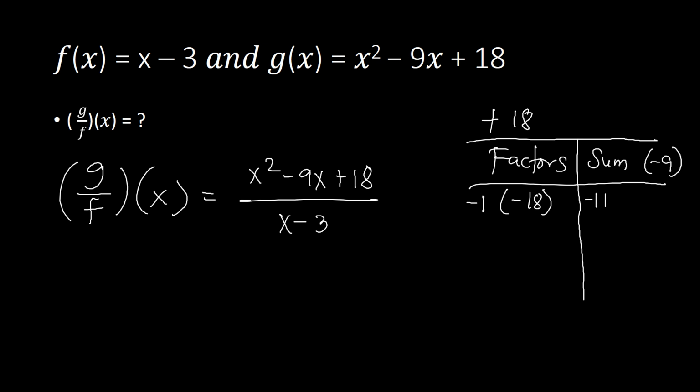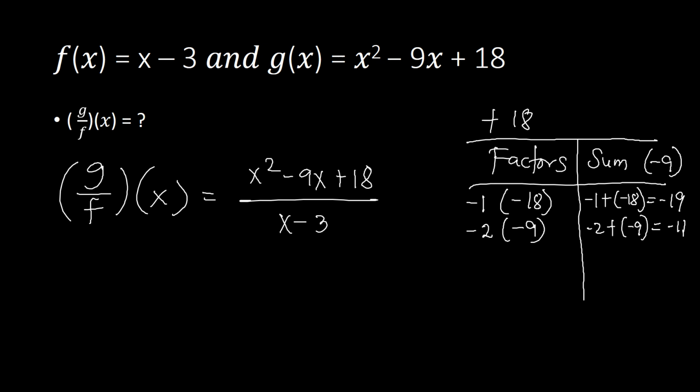Negative 1 plus negative 18, that's equal to negative 19. That's not the middle term we're looking for. So next, let's go for negative 2. Negative 2 times negative 9, that's positive 18. Negative 2 plus negative 9 will be equal to negative 11. And again, that's not it.